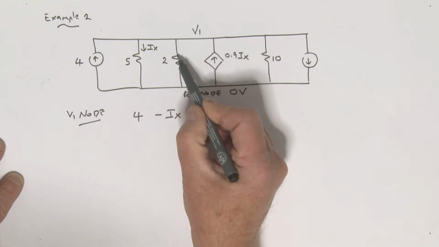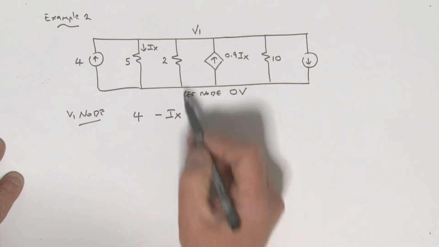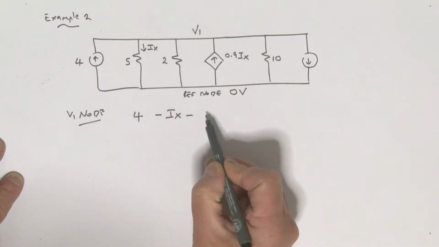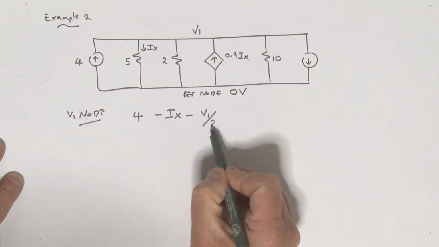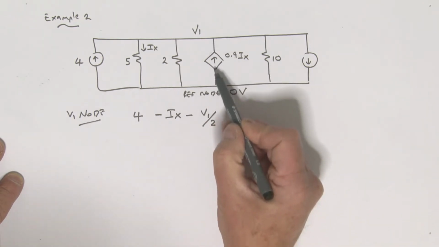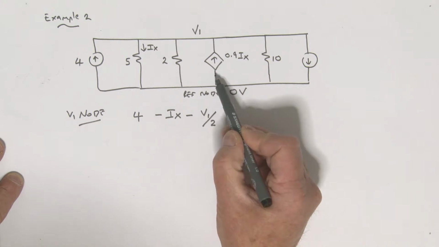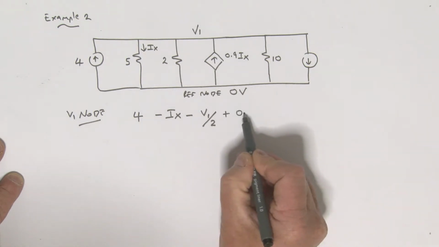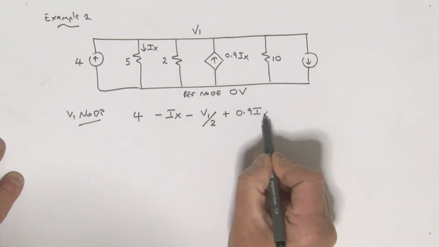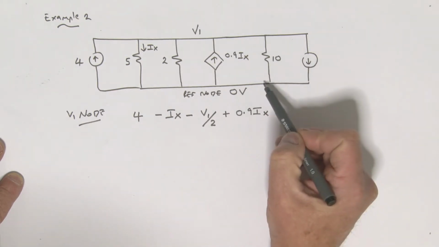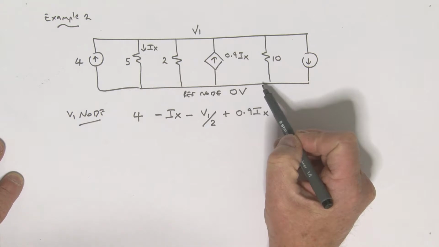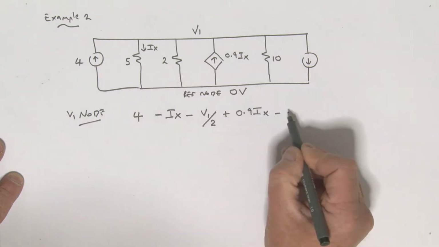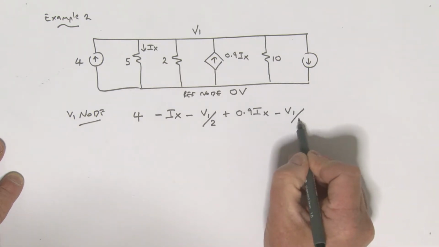We've got this current in the 2 ohm resistor, defined in this direction, so it's a minus V1 over 2. We've got this current from our dependent current generator, which is a plus 0.9 times IX. We've got this current over here, and this current is a minus V1 over 10.